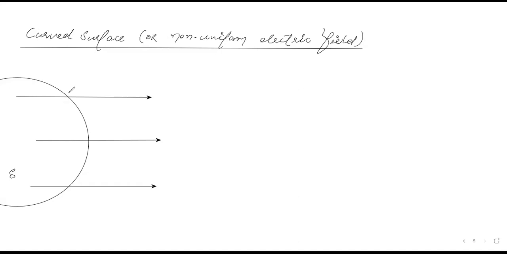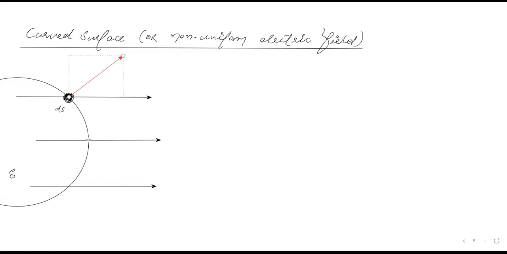Then can you tell me what will be the normal at this position? You have already known normal always makes 90 degrees from the surface. If you take this small area ds, then the normal will be along this direction.